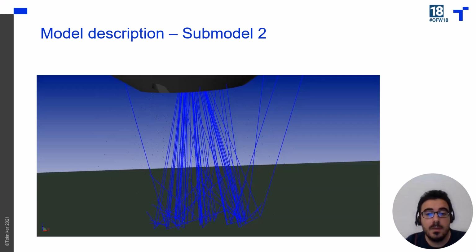This is just a quick slide to try to illustrate my previous points. In the ray tracing software, we import the cut geometry, and we have a laser source inside the nozzle. Here the rays will diverge from the nozzle and will move towards the substrate.